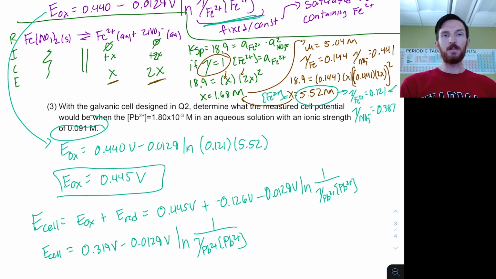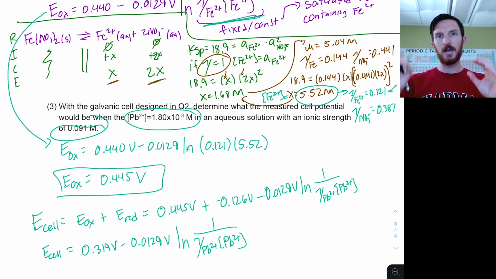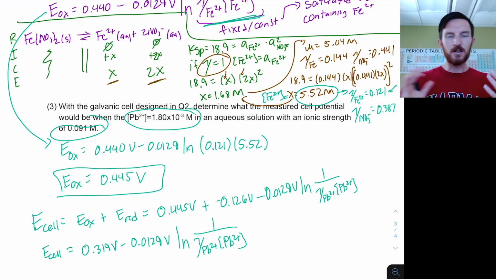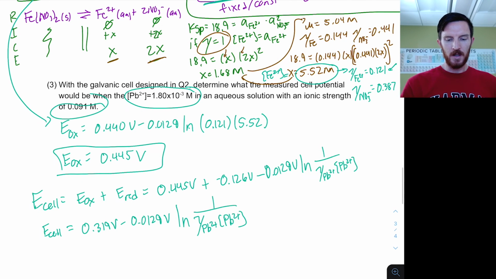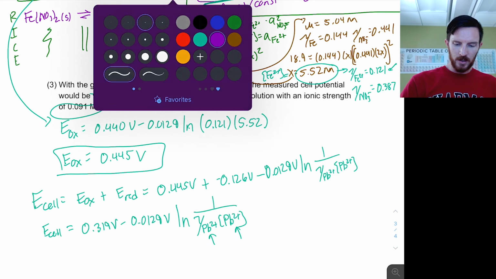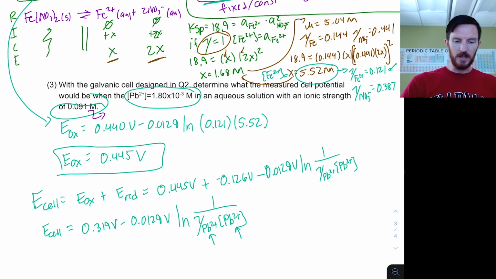If we measure our cell potential, and we knew our ionic strength, we could quantify the concentration of our lead ions. In this instance, this would be like a calibration scenario. If we made a solution where we know the concentration of our lead ions, let's see what our cell potential would be. So we're going to plug in the information we have there.